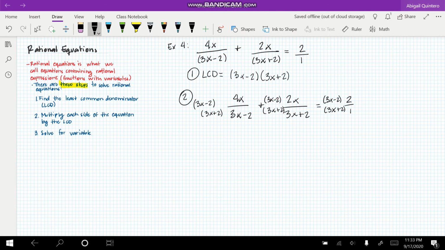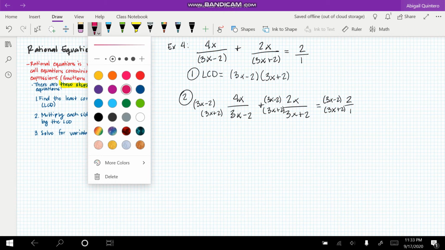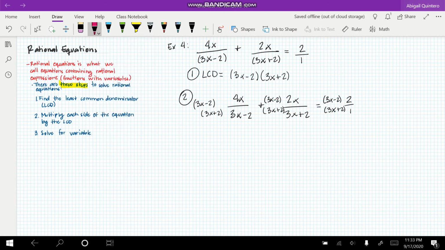So for the first fraction, I can see that I have 3x minus 2. So this is going to go away with this one. And then on the second fraction, I have 3x plus 2. So the second one is going to go away with it. And then on the third one, we don't really have any denominator, just 1.